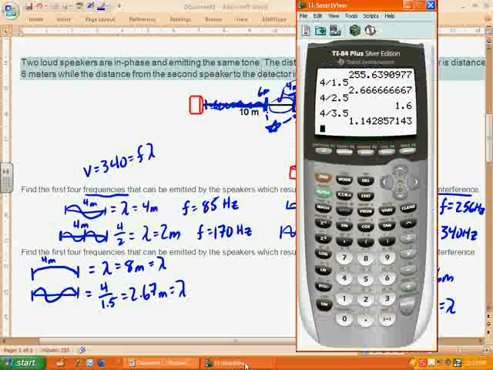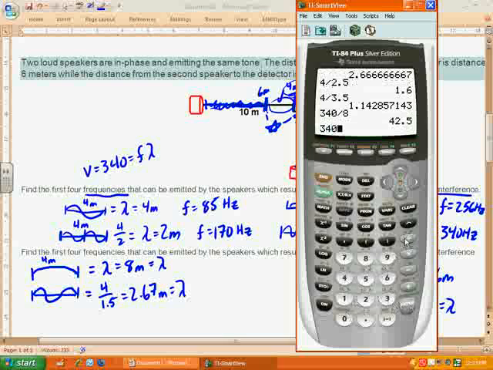So 340 divided by the wavelength, so 42.5. 340 divided by 2.67.